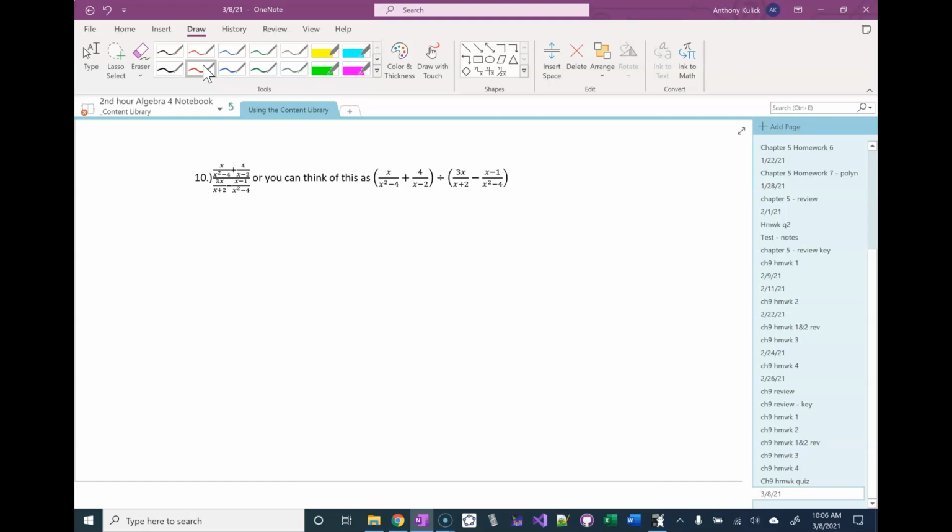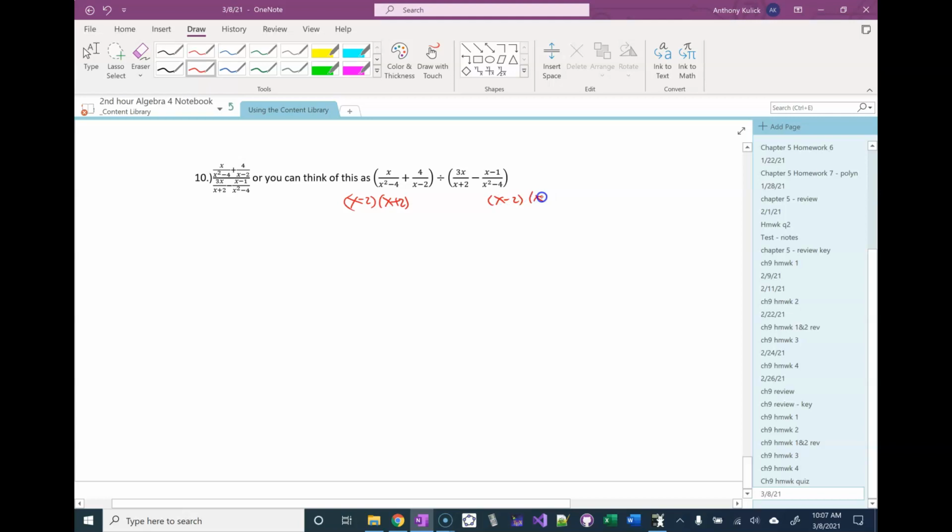So the first thing I'd want to do if we're adding and subtracting is to make a common denominator. So I would need to start by factoring my denominators. So over here, I notice the least common denominator would be x minus 2 times x plus 2. And over here, my least common denominator would also be x minus 2 times x plus 2. Do you agree with that, Landon? Okay.